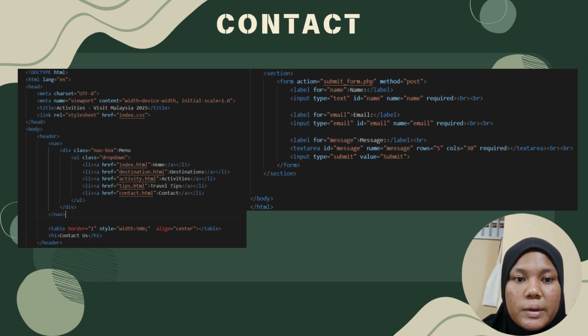The meta name viewport is to make the website responsive on mobile devices. The title sets the browser tab title, and the link rel stylesheet is to link an external CSS file, such as index.css, for styling.